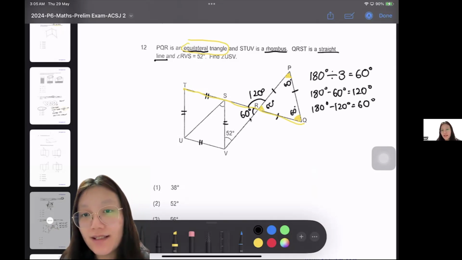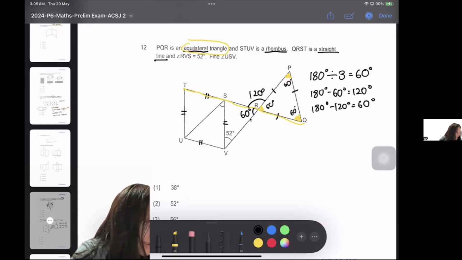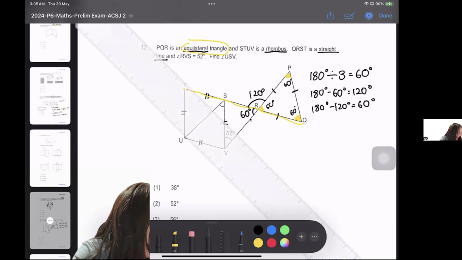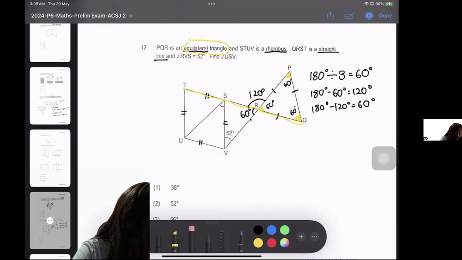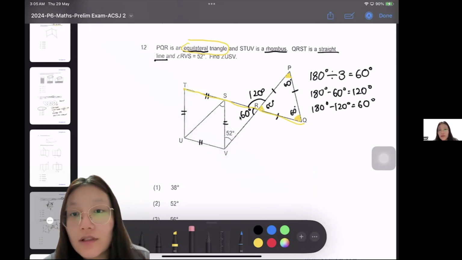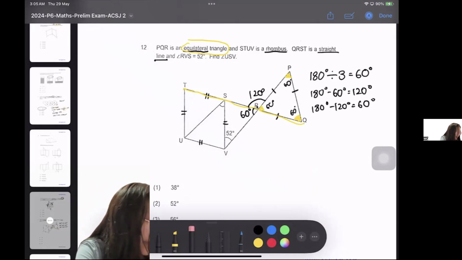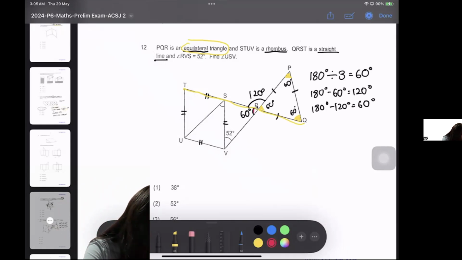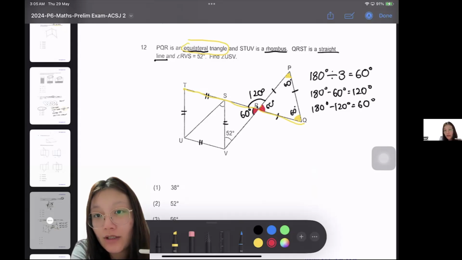But as you can see, the two opposite angles over here, if you see the red color one, these two opposite angles are the same. It's because they're opposite angles. Opposite angles are equal. So there's also one property you have to remember: opposite angles of straight lines are equal. So in this case, yes, it's equal.